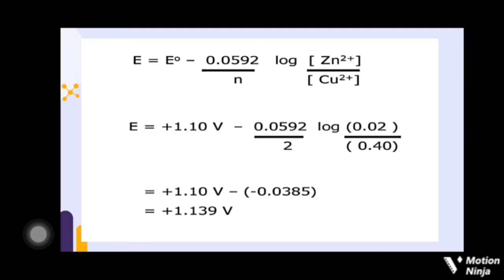Or you can also use the easy one. E naught cell equals E naught reduction plus E naught oxidation, which equals positive 0.34 volts plus 0.76 volts. You have changed it already from negative to positive sign. So same answer, positive 1.10 volts.